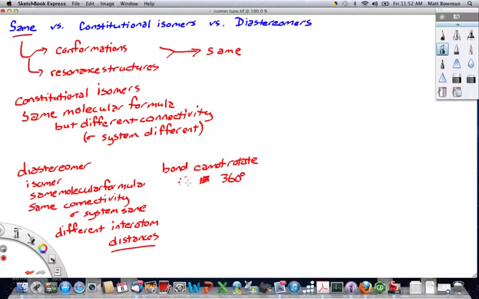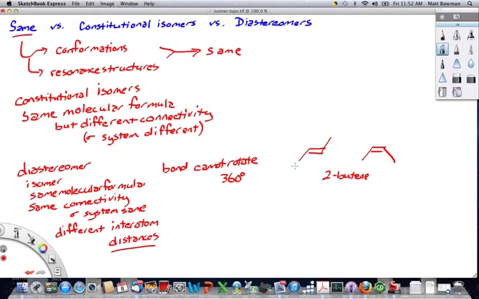So bonds that don't rotate 360 degrees are things like double bonds, carbon-carbon double bonds. Such as here we have 2-butene. Both of them answer to the same name. They both have the same connectivity.